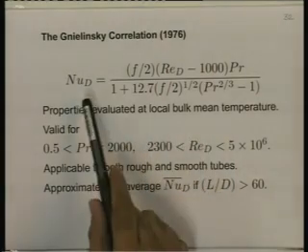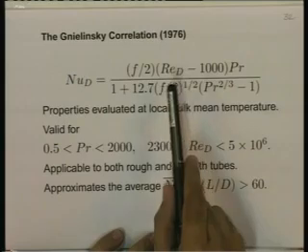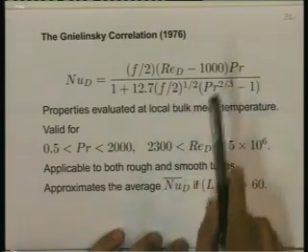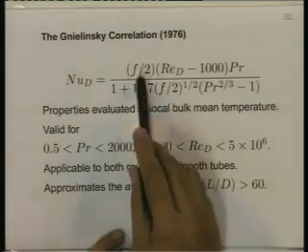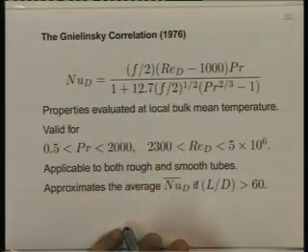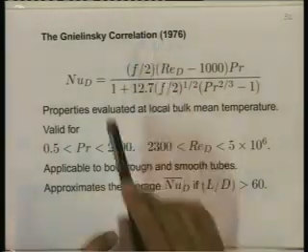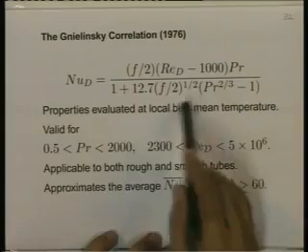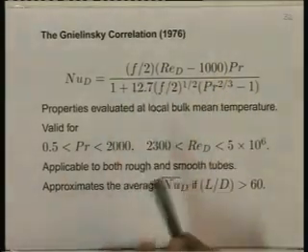Notice that here the Nusselt number is provided as a function of not only the Reynolds number and the Prandtl number, but also the friction factor for flow through that tube. And the friction factor itself will have a dependence on Reynolds number. So, it has a reasonably complicated dependence on Reynolds number as well as Prandtl number.